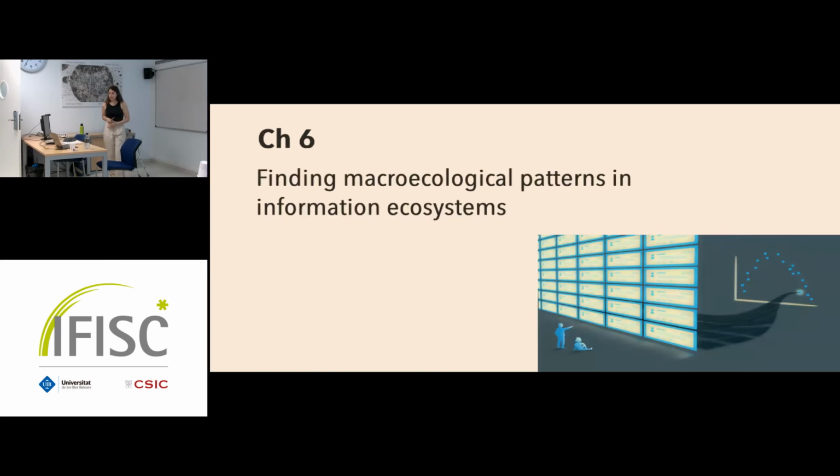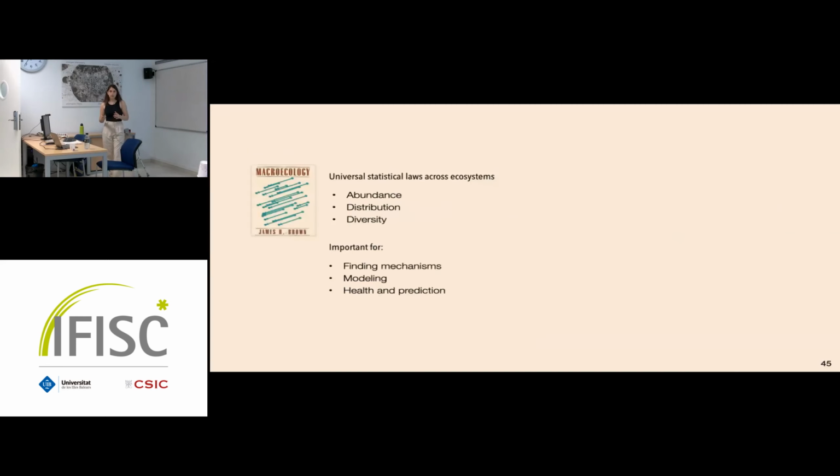In this last part, I'm going to talk about another very promising part of ecology, which is macroecology. It basically seeks statistical laws, statistical patterns in ecosystems across very different geographical locations and scales, in the sense that these patterns hold for big ecosystems and also the microbiome, for all these different types of organisms.